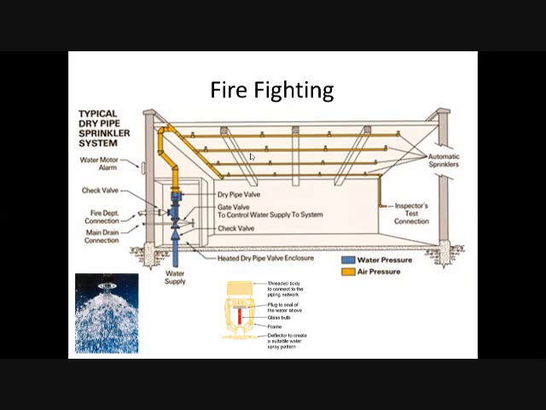We have to think about the distribution of the sprinklers, because each sprinkler covers 2 to 2.5 meters of diameter. So you need several of them to cover the floor plan. They don't cover the whole area. Each one covers a diameter of 2 meters below it. There is also an inspector test connection, so they make sure that the water is always under pressure in the pipes.